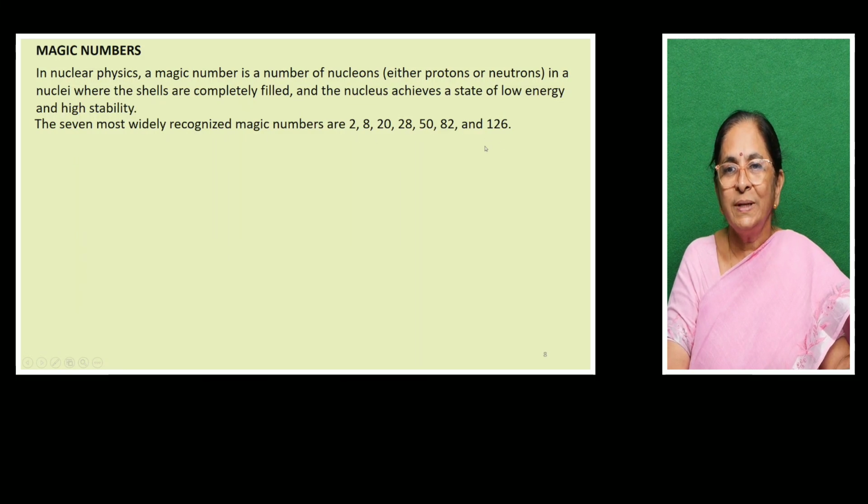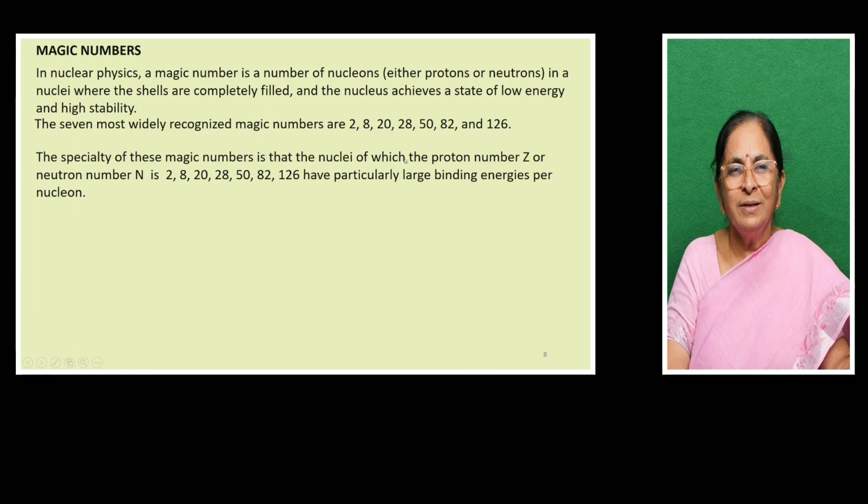Those elements whose nuclei have either proton number or neutron number equal to any one of these numbers will have higher stability.